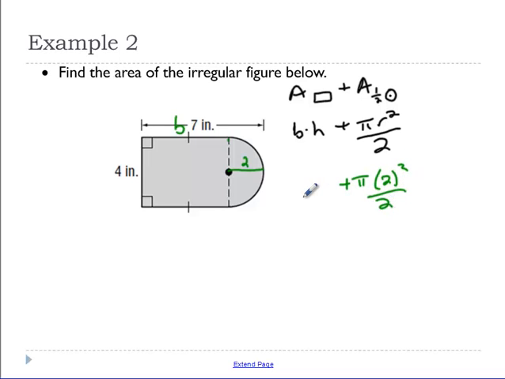Okay, let's fill that one in. I know the height's 4. All we're looking for now is the base. If that's 2, the remaining part of this segment is 5, because 2 plus 5 gets me 7. So the base of this shape is 5. 5 times 4 is 20, plus 2 squared is 4, divided by 2 is 2, plus 2 pi.